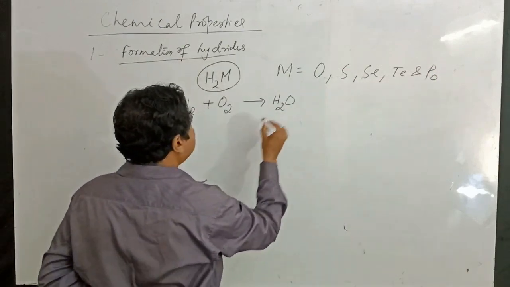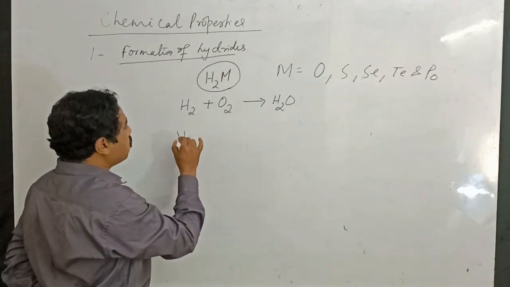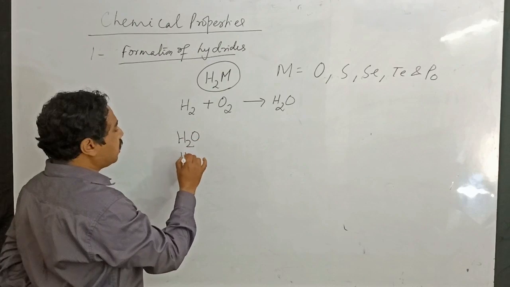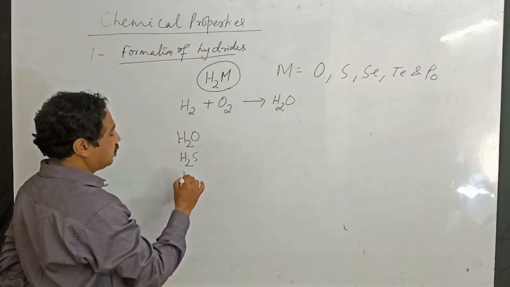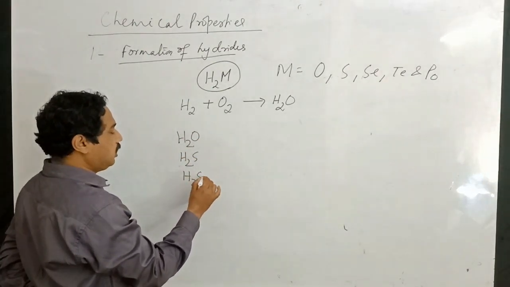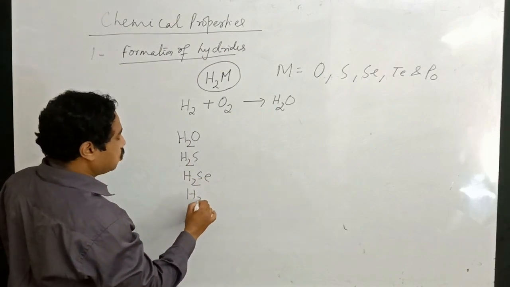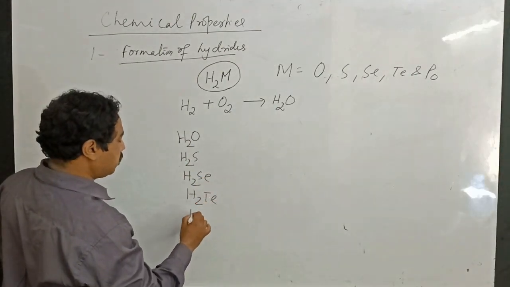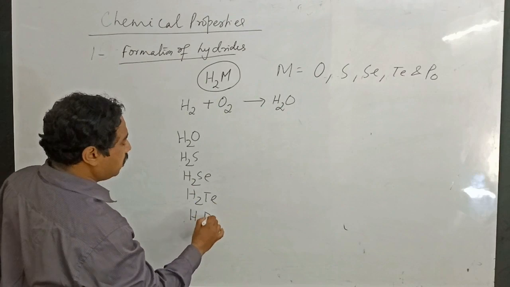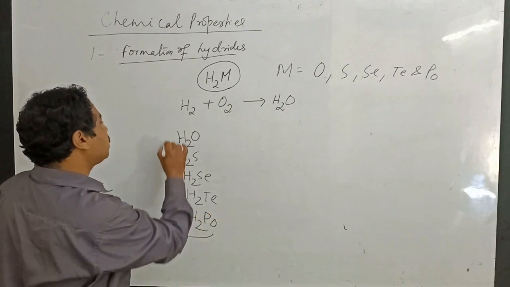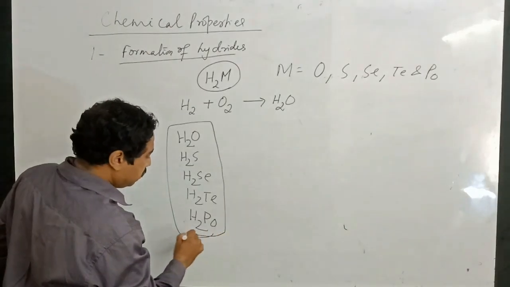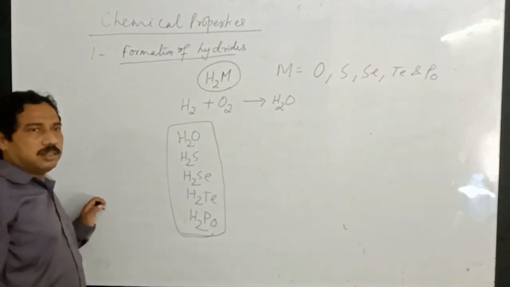For example, in case of oxygen, H2O; sulfur, H2S; selenium, H2Se; tellurium, H2Te; polonium, H2Po. So these types of hydrides are formed by the elements of the oxygen family.